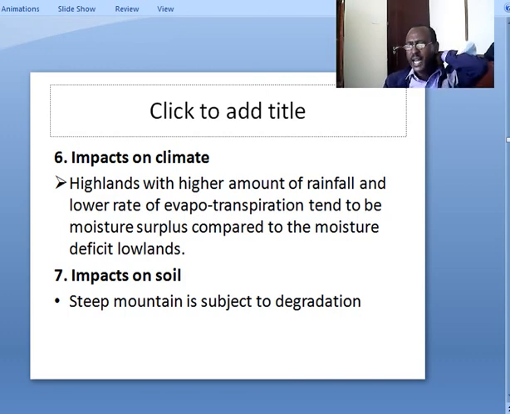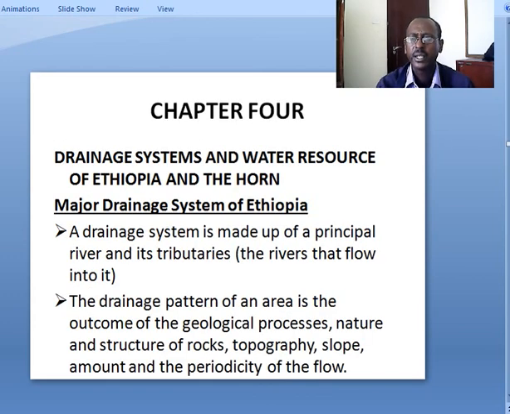Highlands with a higher amount of rainfall and lower evapotranspiration tend to be moisture surplus compared to the moisture deficit lowlands, because there is a high degree of evapotranspiration. 7. Impacts on soil. Steep mountains are subject to degradation. If the topography is steep, the water can easily erode the soil and take it to other areas.